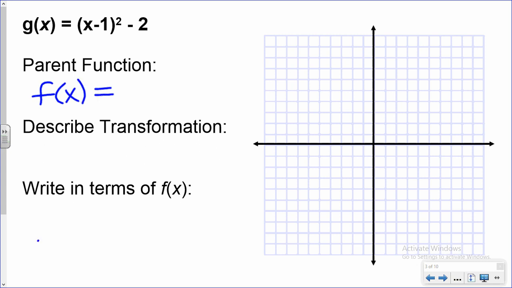Parent function, what is it? x squared. Please do not write down the graph that I'm about to draw up here. But when you think of the parent function x squared, these are the 3 points I want you to think about. We know that the vertex is at (0, 0), and then we know we have points (1, 1) and (-1, 1).